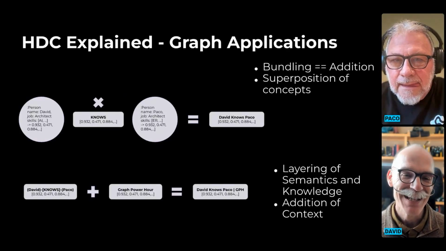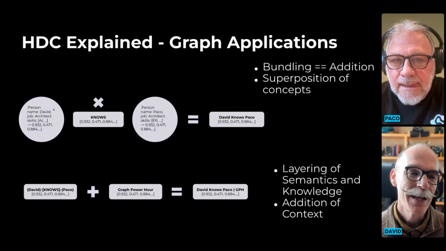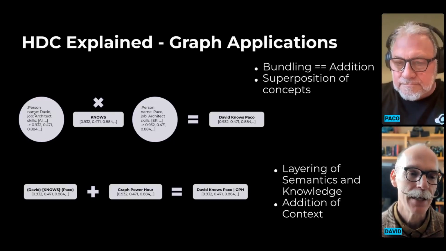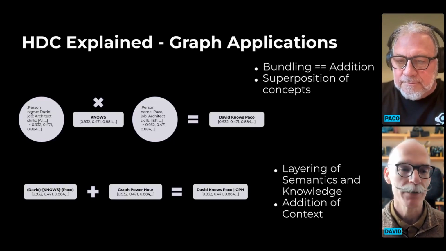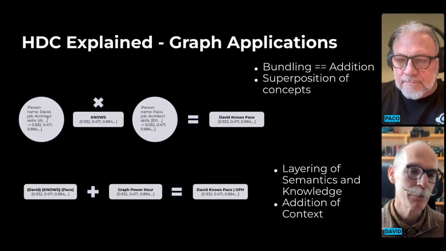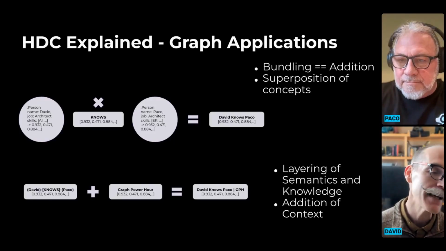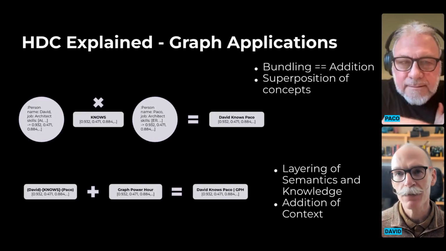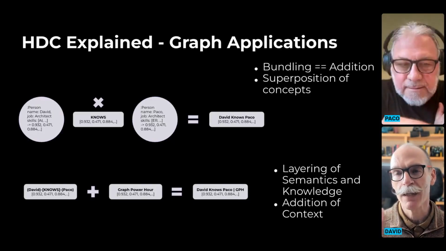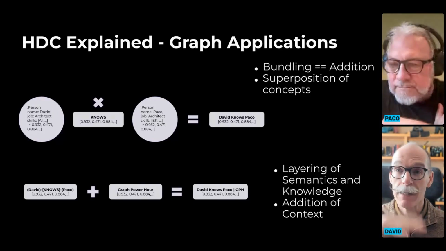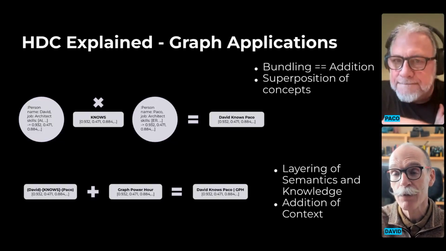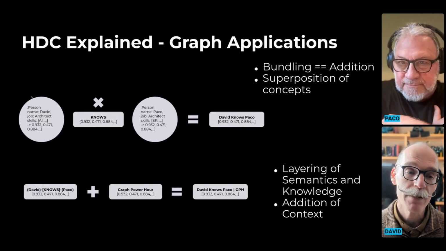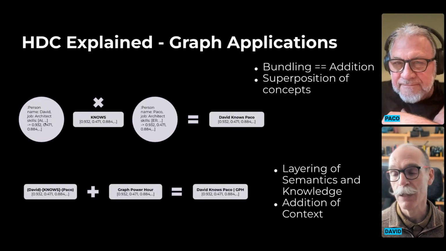And so I started to think about, okay, if we took a node of type person and we created some key value pairs like name, David, job title, architect, some skills, AI, etc., I'm going to be able to create those hypervectors using that multiplication for the key value pairs. I'm going to be able to collapse them using that addition operation of bundling, and I'm going to get back a single hypervector that represents all of these things about David, me.